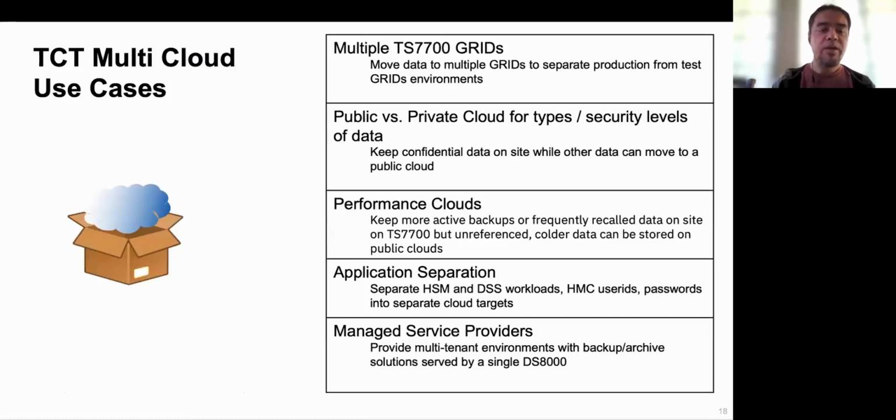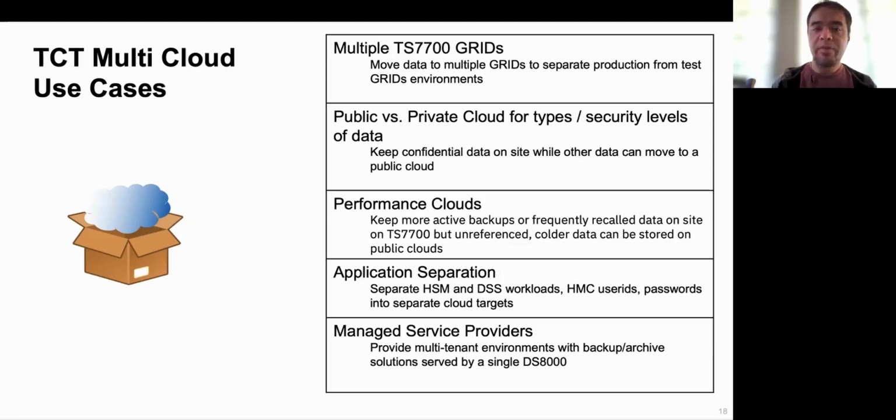Now with multi-cloud, we can consider multiple new use cases for TCT. One of those use cases, as I said before, is that you can have multiple TS7700 grids configured at the same time. So you can now really separate your production from your test environment workloads based on cloud names, even if you are targeting the same 7700 through different cloud names, which is allowed, or you can target different 7700 grids in order to separate different types of workloads.